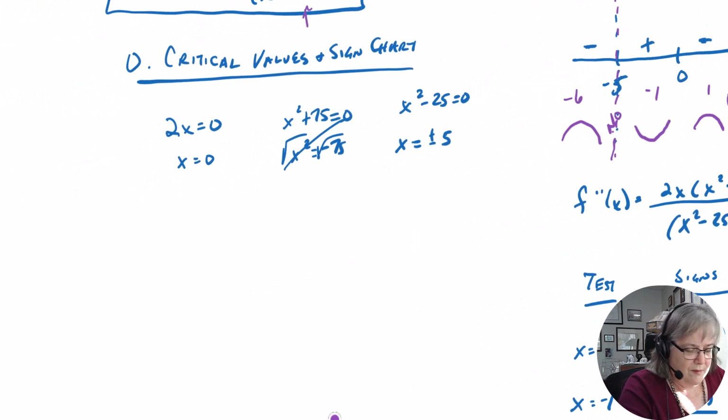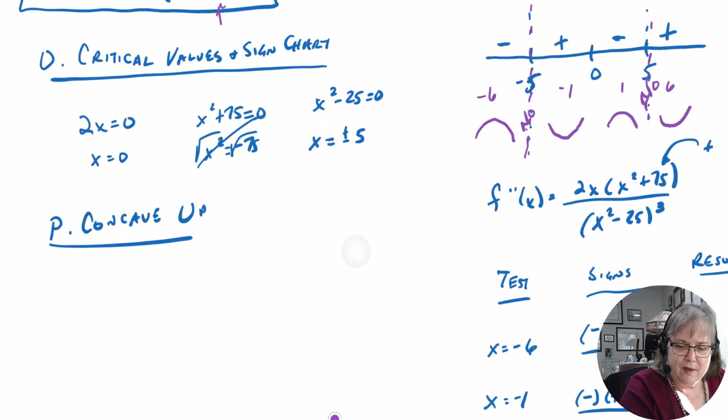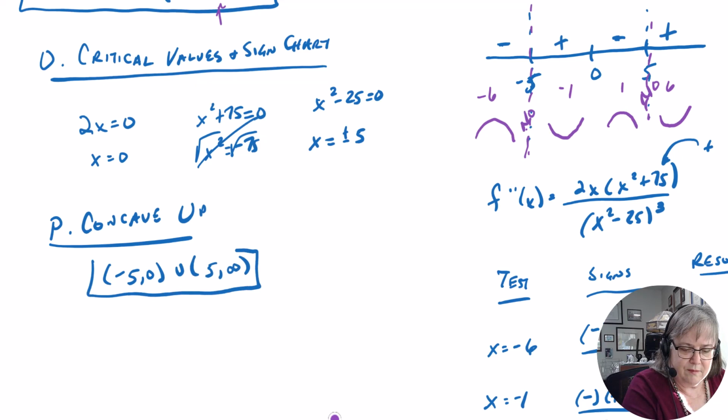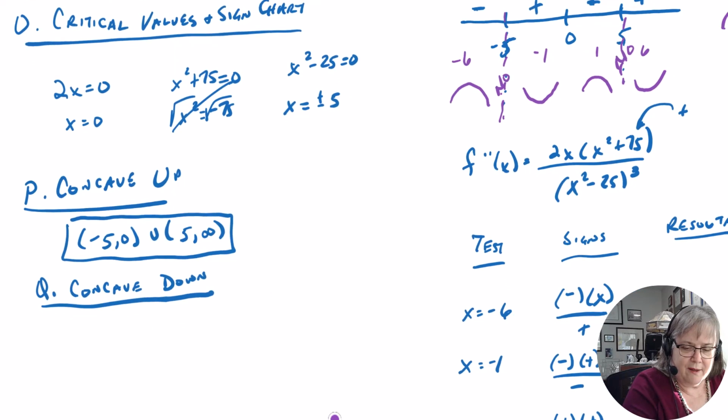So where is it concave up? It is concave up where the sign chart gave us positives. So that would be between -5 and 0, and from 5 to infinity. And where is it concave down? And that would be where the sign chart gave us negatives.